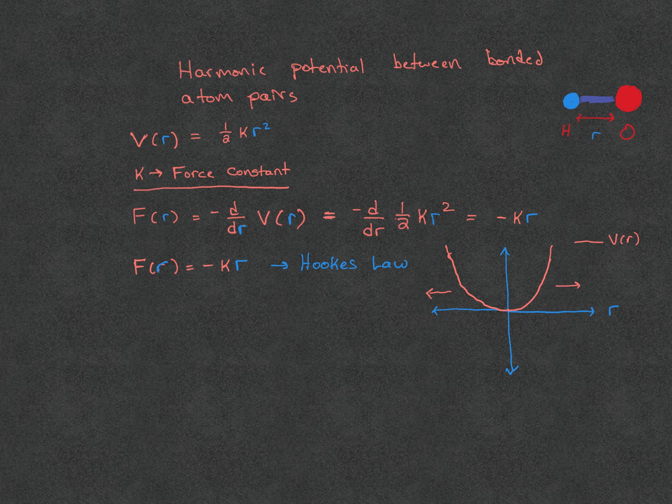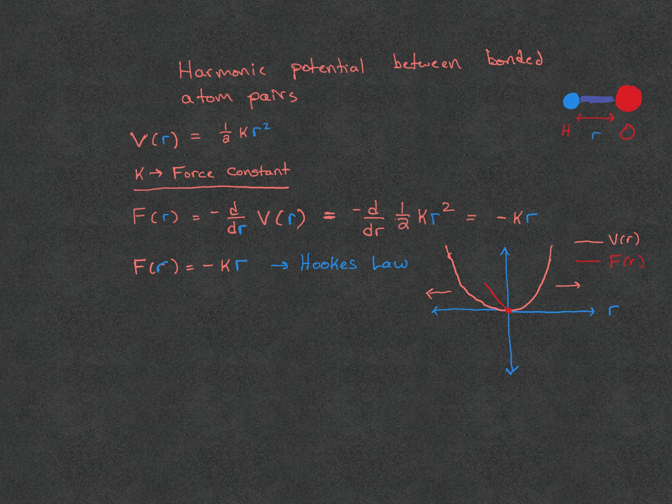Now, let's also plot the Hooke's law force. Let me do it in red. It's just the derivative of this parabola multiplied by -1. So it goes to 0 also at r equals 0. For r smaller than 0, when r is negative, I'm multiplying by -k, and k is some positive number.